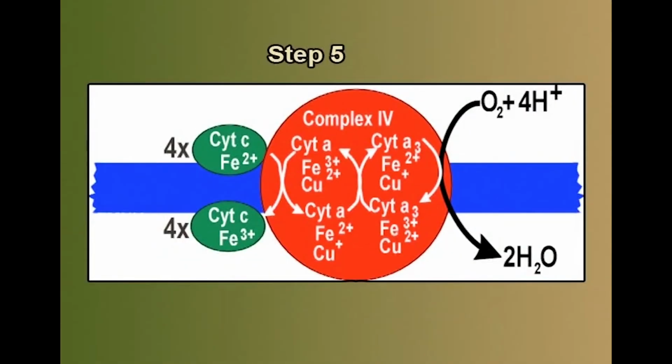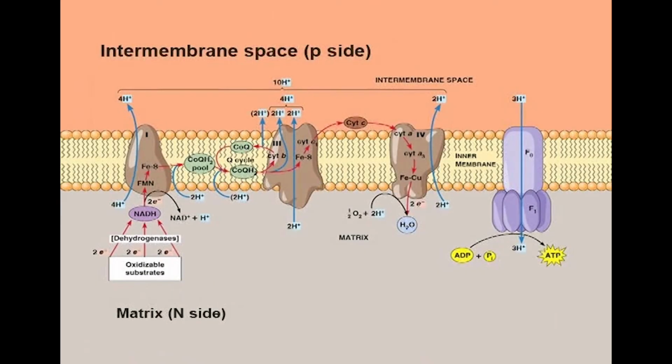In step 5, there is an involvement of complex 4, which contains both cytochrome A and cytochrome A3, both of which use iron and copper atoms to handle the electrons. 4 cytochrome C molecules pass on 4 electrons to complex 4, and these are eventually transferred with 4 hydrogens to oxygen to form 2 water molecules.